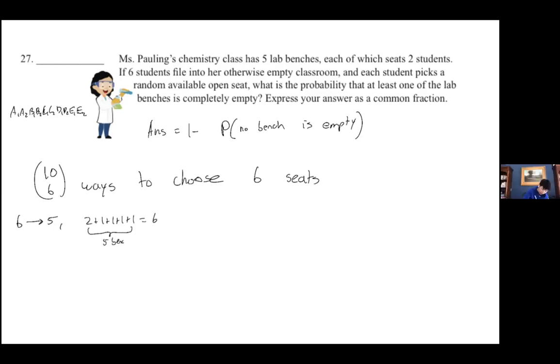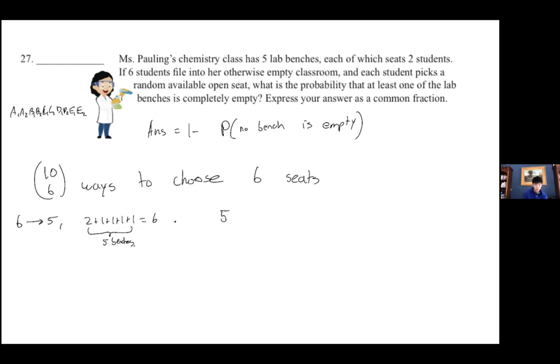And so that means that now we're just going to count the number of ways in which we can have 6 students sit down in these 5 lab benches, each of which has 2 seats, such that each lab bench is not empty. So we first have a 5, because we choose which lab bench will be full, which will have 2 students. And then next, we're left with 4 lab benches, each of which has 1 student.